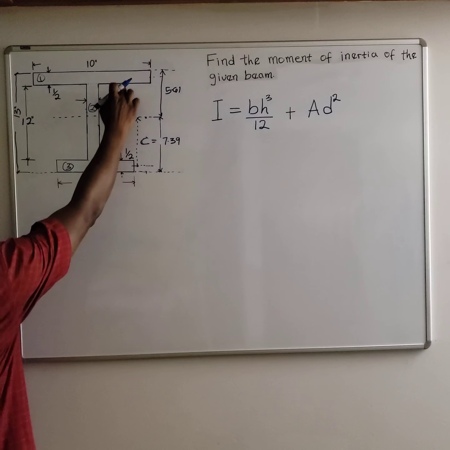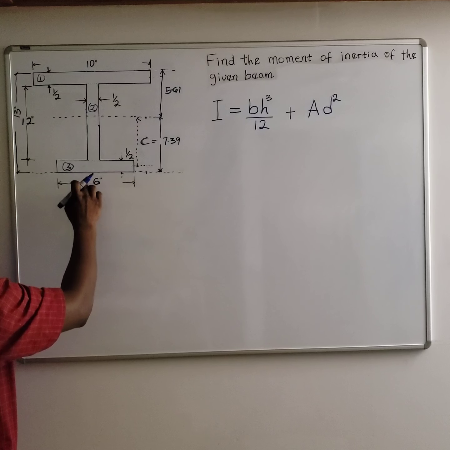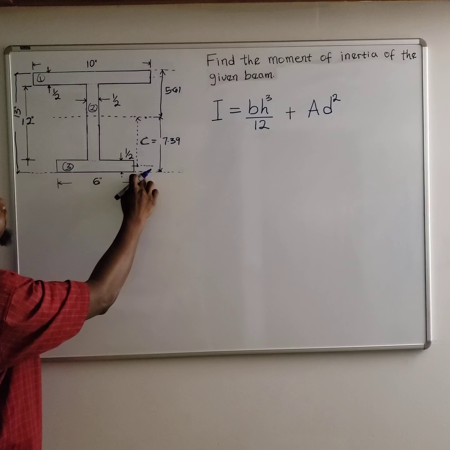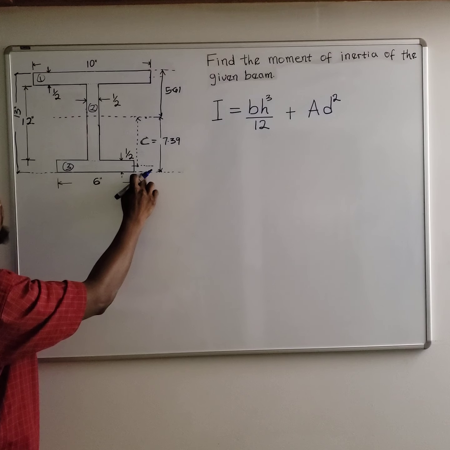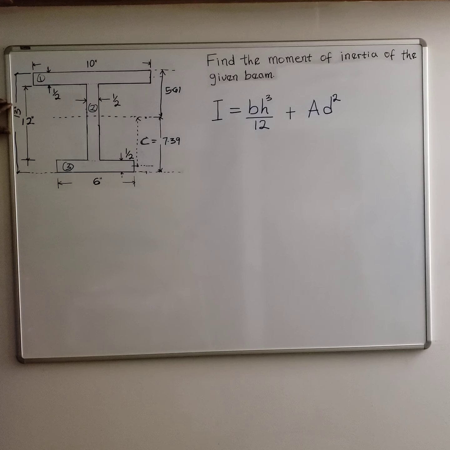So for our first rectangle on the top, the centroid of this shape from here is 12.75, because the overall height is 13 and this is ½ inch. Half of this ½ inch is 0.25. So you minus that 0.25 from 13. That is 12.75.